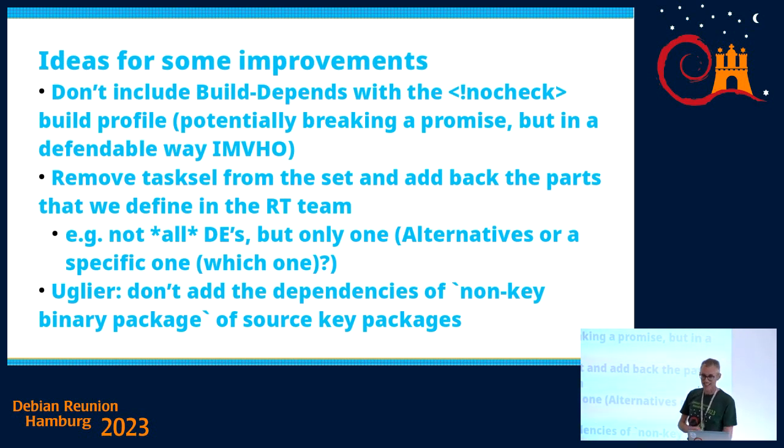Now that's my last line that I had. So is there anybody that has a comment, a better idea, thinks this is rubbish, or I should actually add more stuff to the key package set for whatever weird reason?